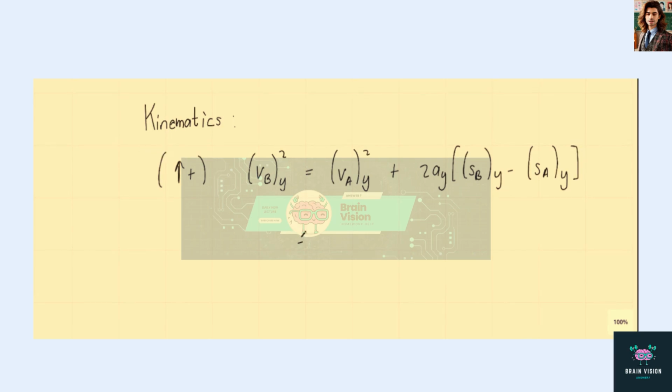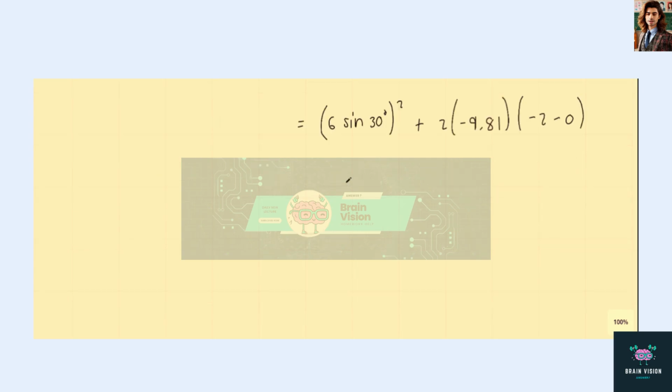So this simplifies to 6 sine 30 degrees for the y component of the velocity at A, all squared, plus 2 times the acceleration in the y direction, which is due to gravity, so that's minus 9.81 meters per second squared, and the change in position is minus 2 minus 0.